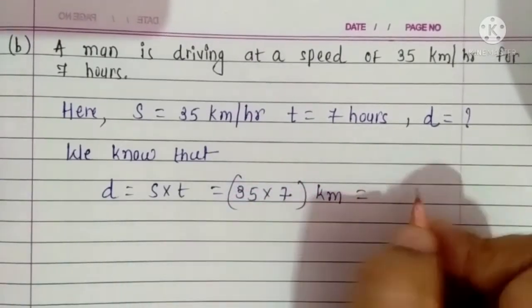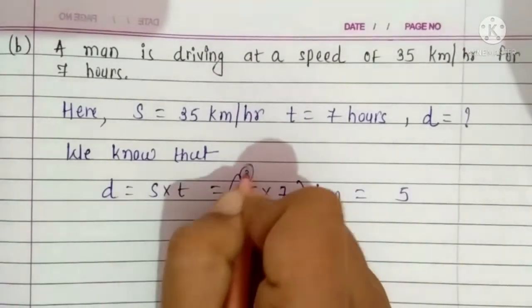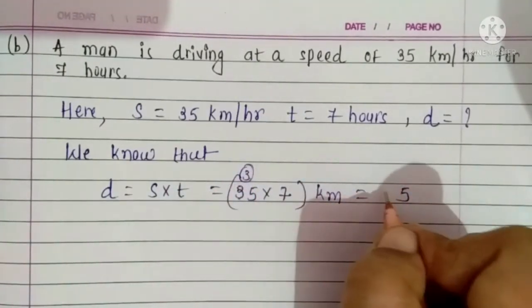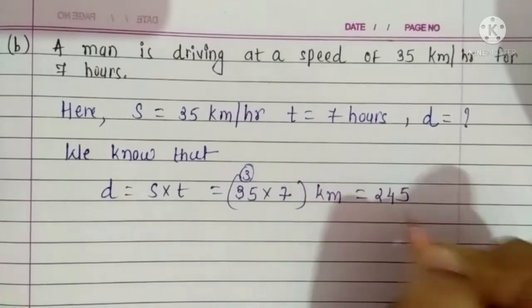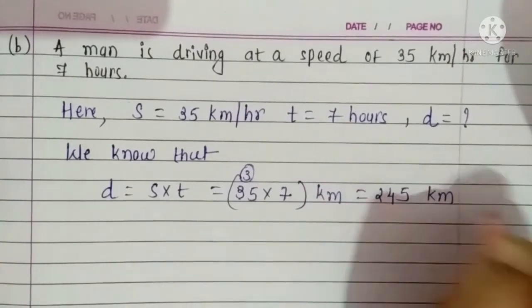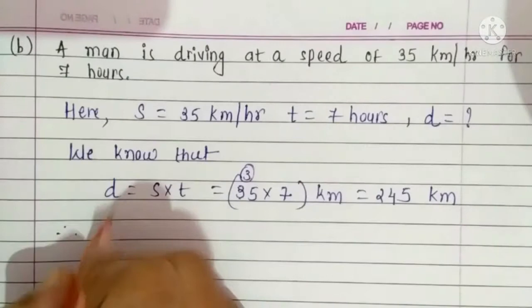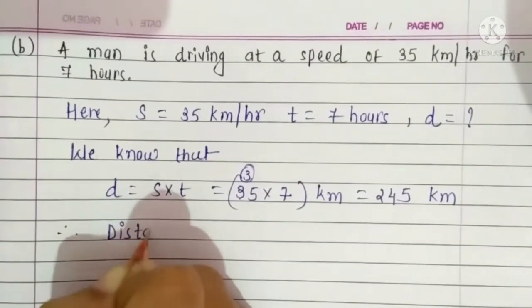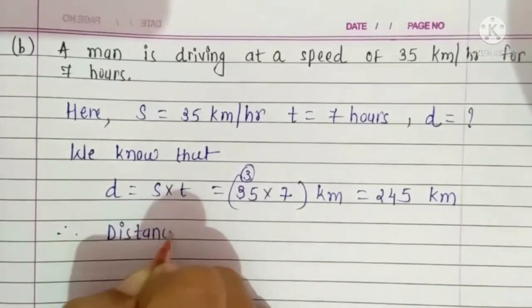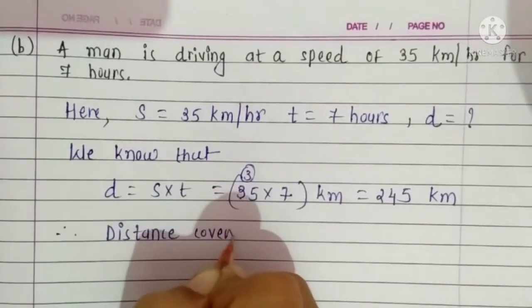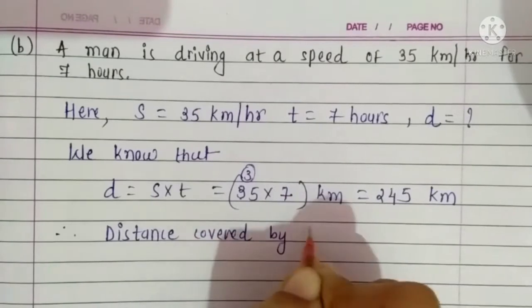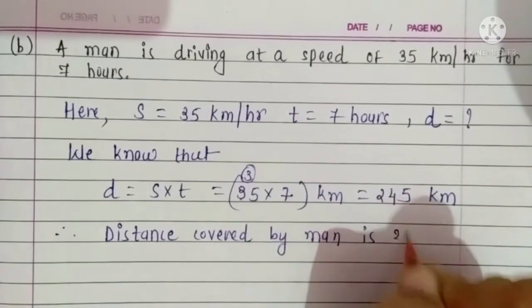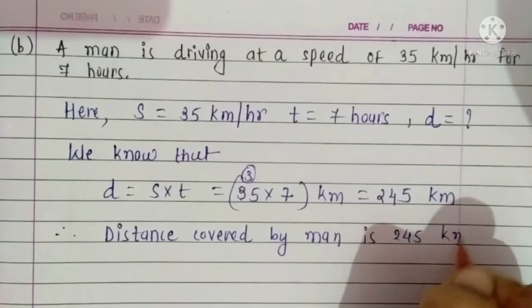So 7 5s are 35, carry on 3. 7 3s are 21, 21 plus 3, 24. Therefore, distance covered by man is 245 kilometer.